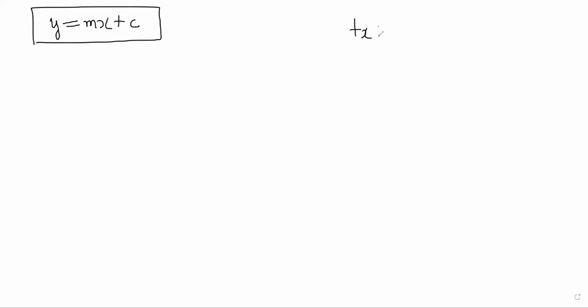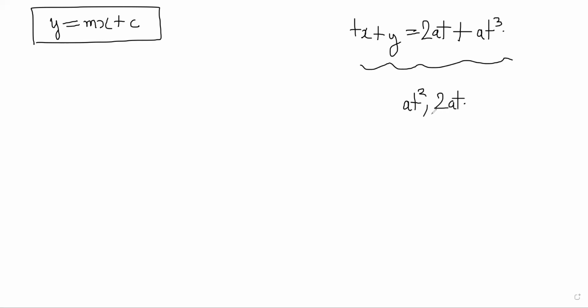Similarly, if we want to find an equation of normal in the form y is equal to mx plus c, we already have an equation of normal which looks like this: tx plus y is equal to 2at plus at cubed, right? This was normal at what point? At at square comma 2at, right? Now, what was the slope of this normal?